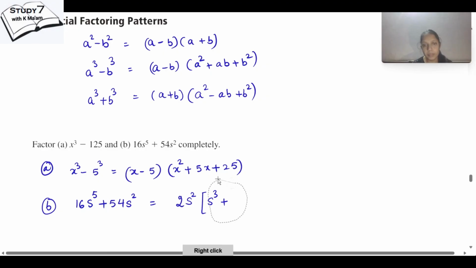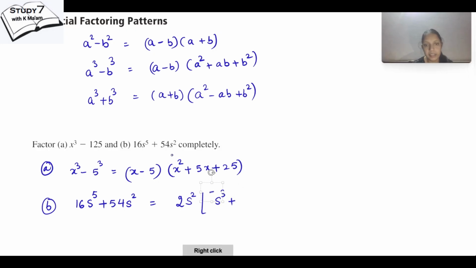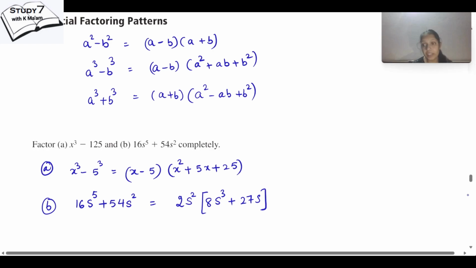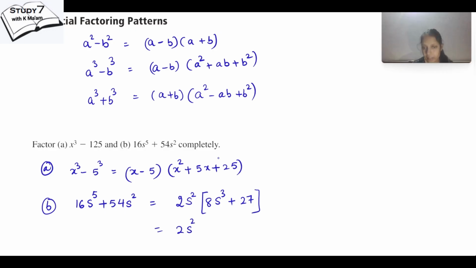If I take 2 common, then I am left with 8s cube plus 27. And s is already taken outside, so no need to write s anymore. I can write 2s here. This can be written as 2s whole cube because 2 cube is 8. 27 can be written as 3 cube. It is a form of a cube plus b cube.